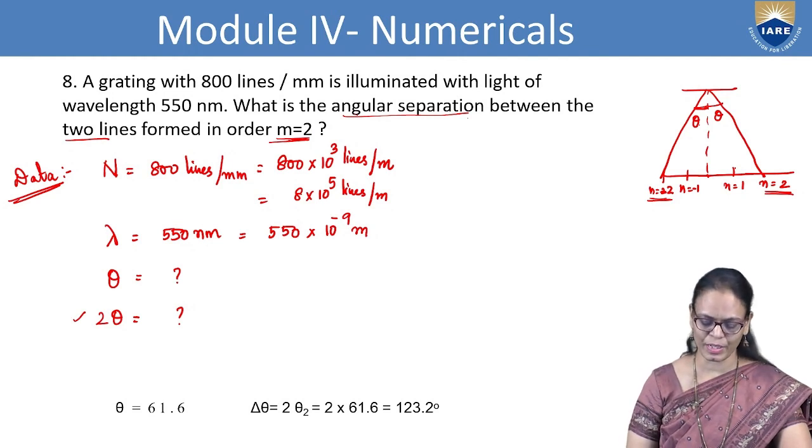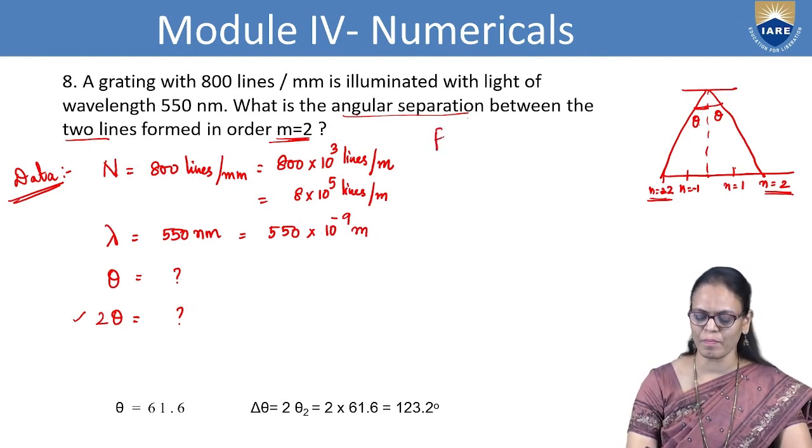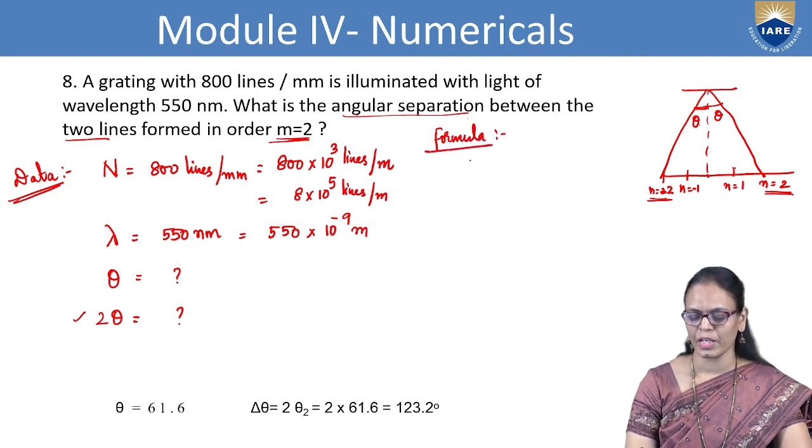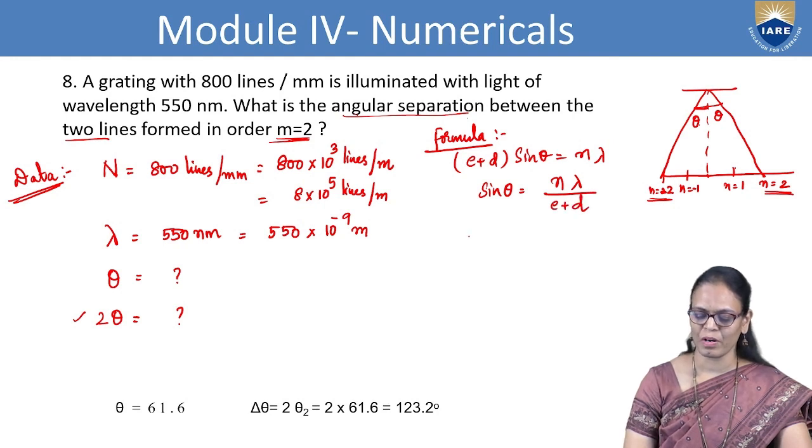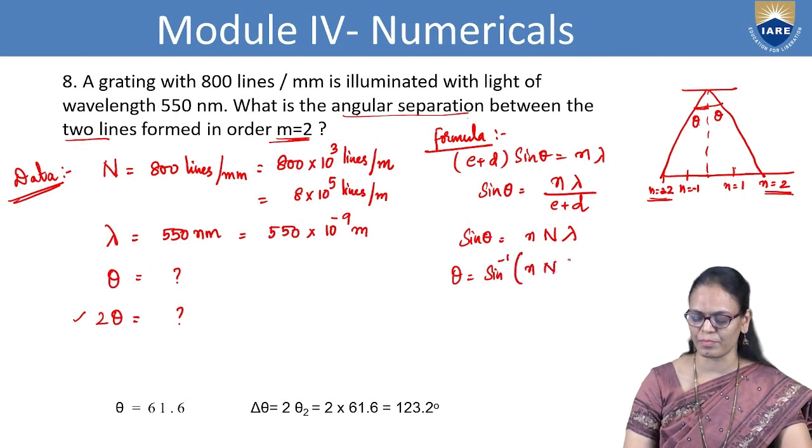So let us do the numerical. Again use the formula. (N + d) sin theta is equal to n lambda. So sin theta is equal to n lambda upon (N + d), or sin theta is equal to small n into capital N into lambda, and theta is equal to sin inverse of small n capital N lambda.